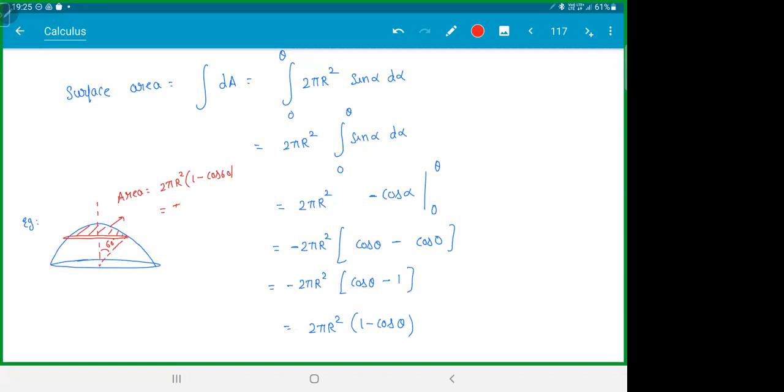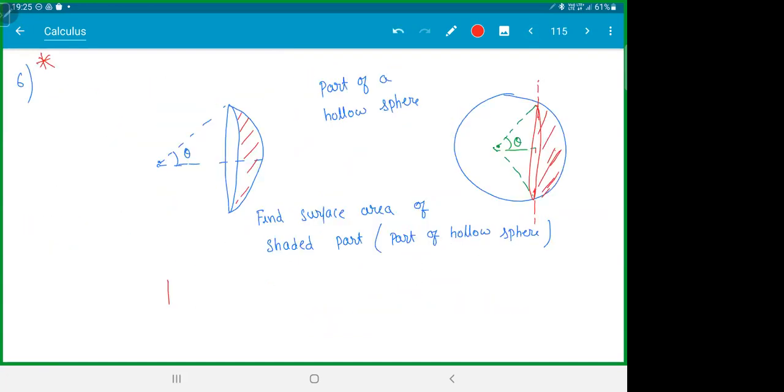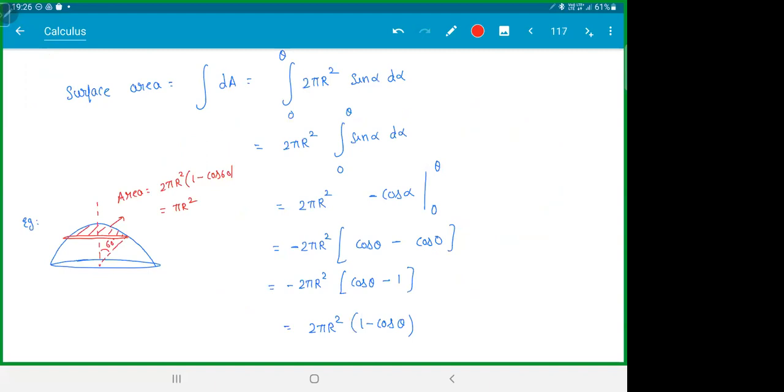Cos 60 is half. So that area is pi r square actually. Part of a sphere: so you can actually write the result here. Surface area is 2 pi r square into 1 minus cos theta. Remember, theta is the half angle, it's not the full angle. That's your result. Please look at the steps.